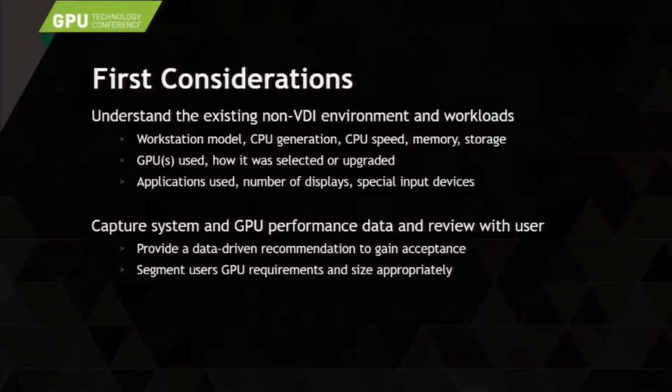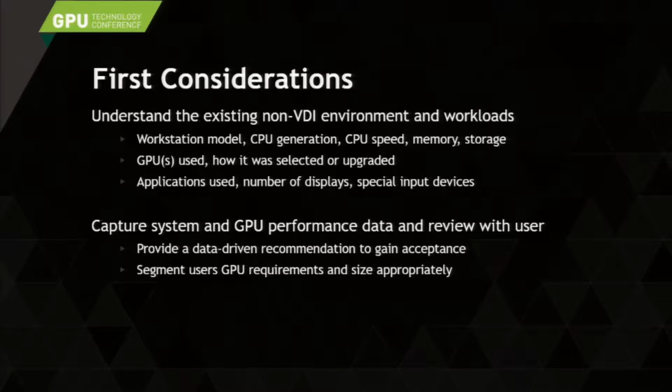So first, we have to understand the difference between server rendered frames per second and remotely delivered frames per second. We also need to understand the existing non-VDI environment and the workloads.